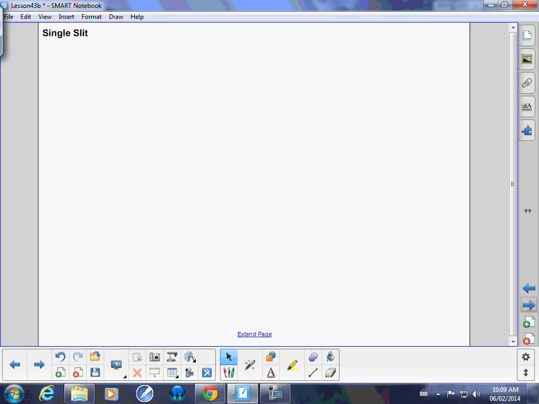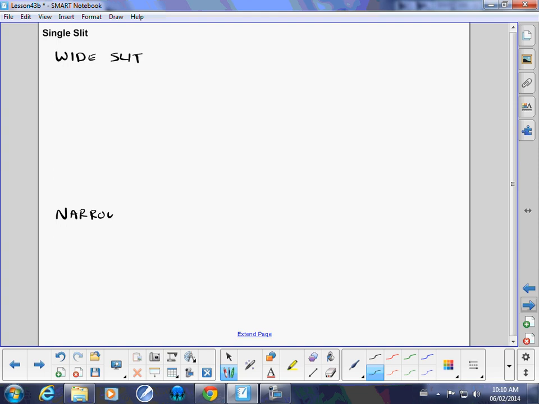Single slit, and last year we investigated it and it was very, very important. And there's 2 slits. So let's go with a wide slit and a narrow slit. And on top of that, there were 2 conditions within there. So for the wide slit, we're going to do a low frequency and a high frequency.